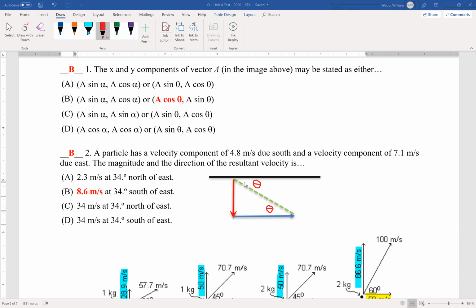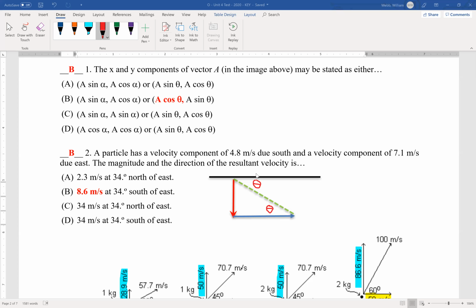So understanding that that is also this angle is a little clearer. This green hypotenuse relative to east is south of east, right? So that is correct. It's 34 degrees south of east. We didn't really need to prove that to answer this question, but you might on a different version.